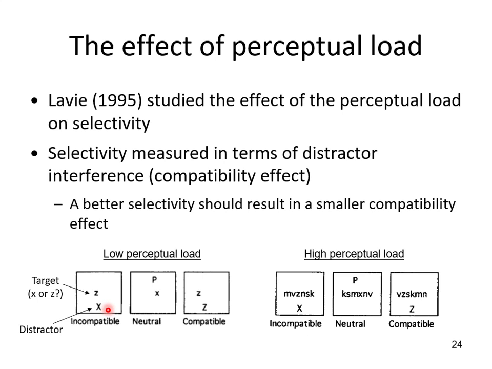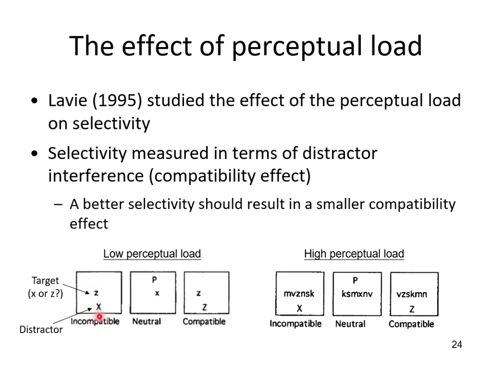So there are three types of distractors. One is incompatible. The target in this example is Z, and the distractor in this example is X. X actually possesses a task relevant identity, because your target could either be X or Z. If the distractor is X, it contains a task relevant response.